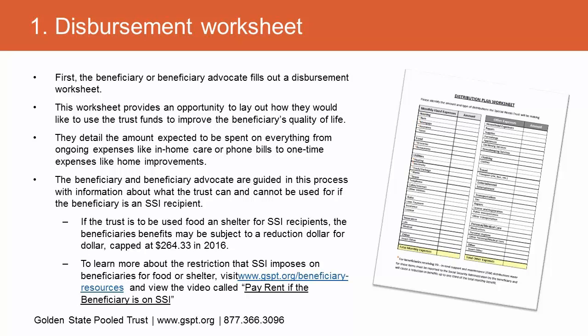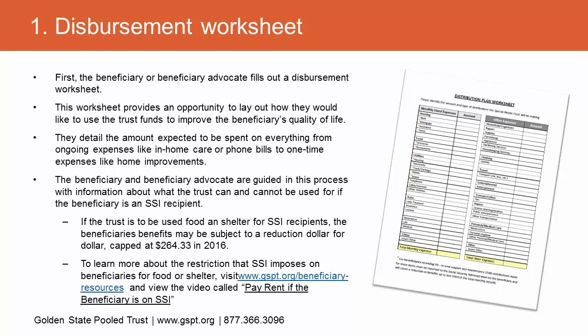And so the key piece of this to fill out this plan is giving the beneficiary and beneficiary advocate information at a high level about what the trust can and cannot be used for, and giving them sort of user-friendly, easy-to-read materials about this. And you can see some examples of this in the toolkit, and Golden State Pool Trust does a nice job of this.